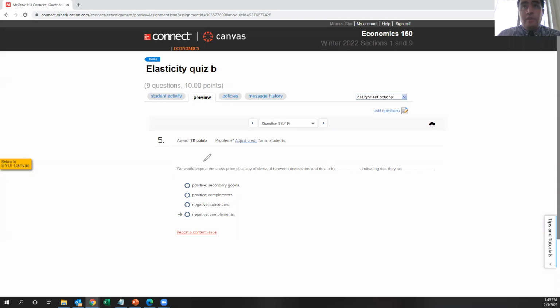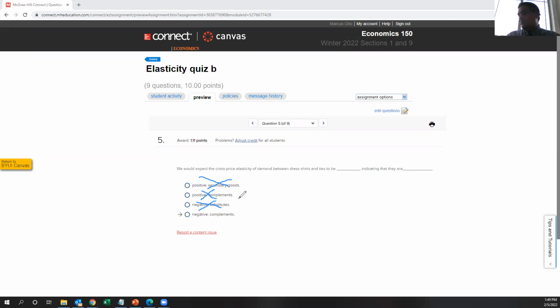And that would get rid of secondary good, that's not really something. Substitutes, well, it can't be negative and substitutes. It's negative and complements. It would be positive and substitutes. And so that's why that one's wrong.